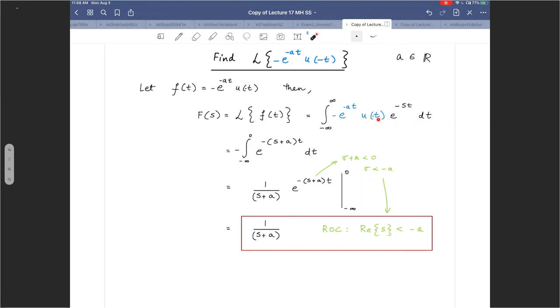What is u of minus t? It is a flipped version of u of t, meaning it is defined only between negative infinity and 0. At that time, it is 1. Simplify, write it as one exponential, integrate, and you get 1 divided by s plus a multiplied by e to the minus s plus a times t.